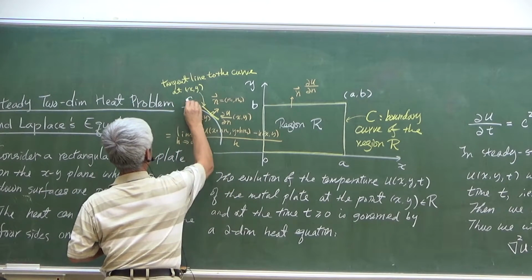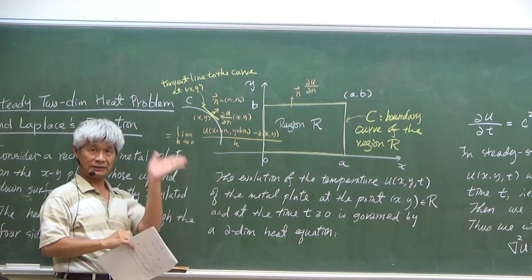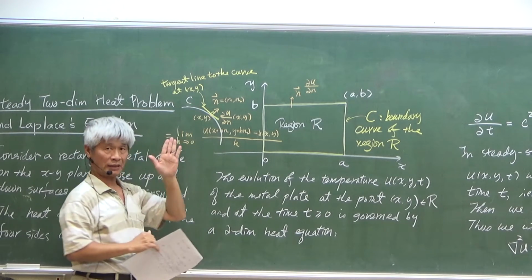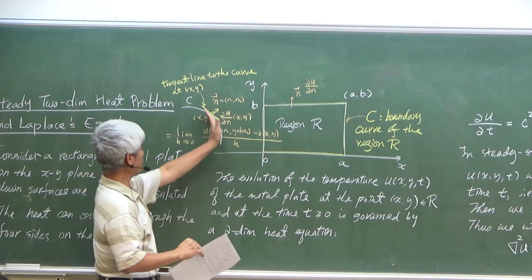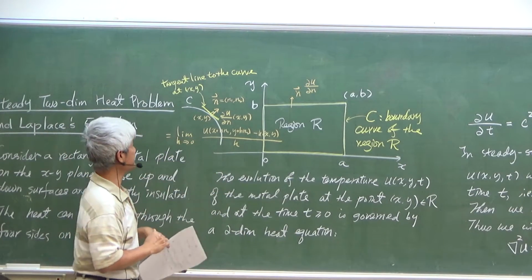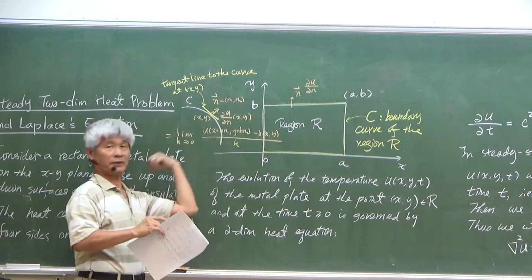So this is the curve, right? And at this point, we have a tangent line. And so the normal vector is any vector orthogonal to the tangent. Right? So at every point, you have a normal vector. Actually, a normal vector has two directions, either this way or this way, right?